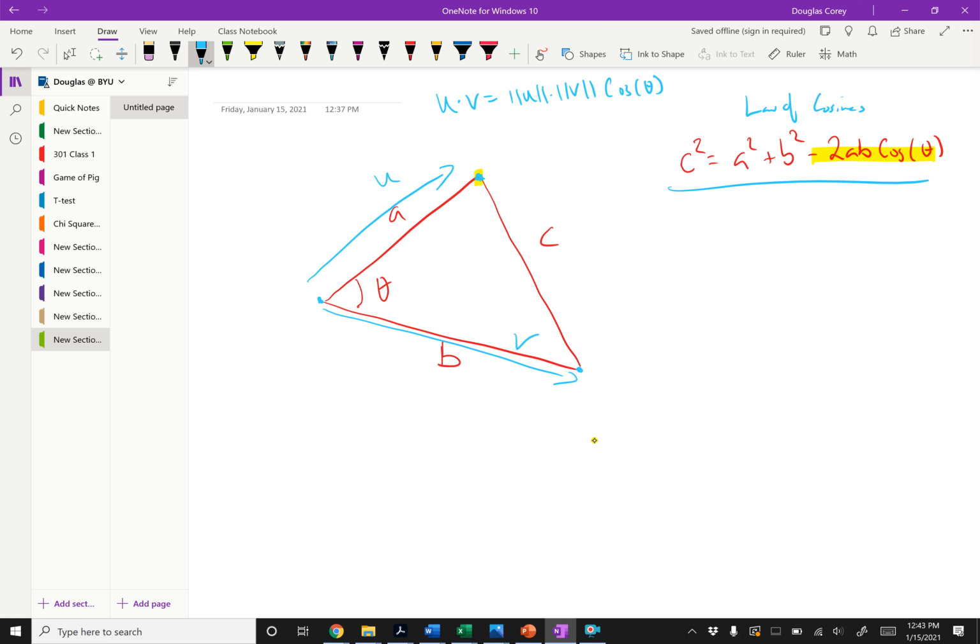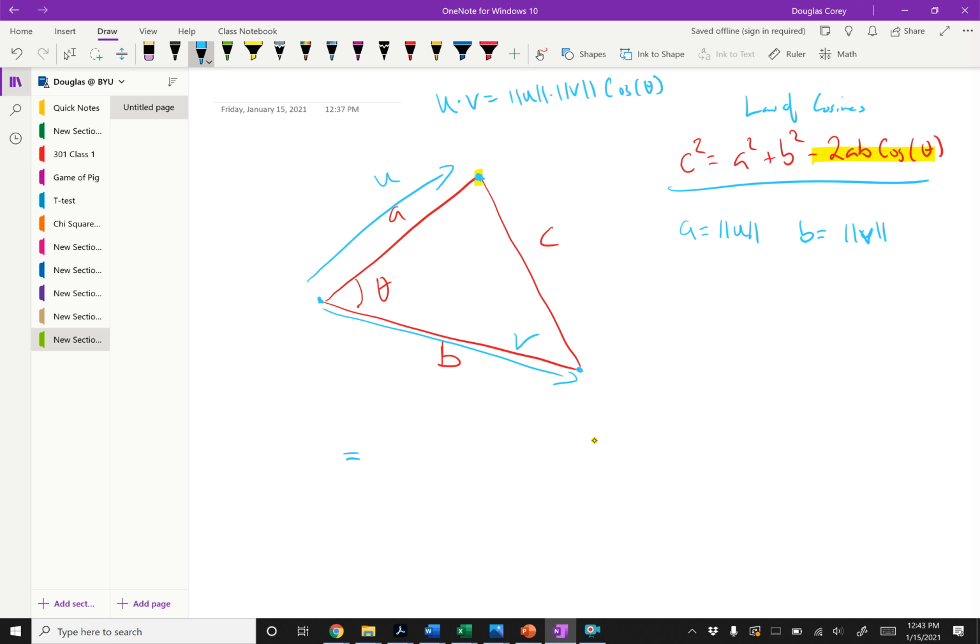That means a, which is the distance of that side, is the length of u, and b is the length of v. And now we can start rewriting that at least a little bit.